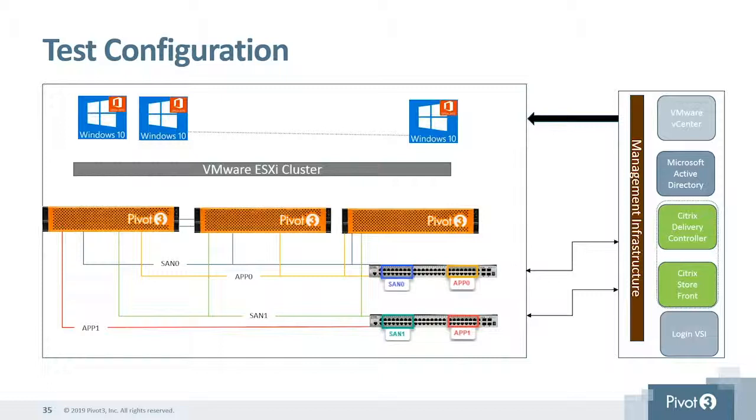And then the way the tests are set up and running is you have a background management infrastructure. That was a 3-node Acuity cluster that we were using. It's where I run the VMware vCenter software VMs, a couple of Microsoft Active Directory VMs, the Citrix Delivery Controller VM, and Storefront.